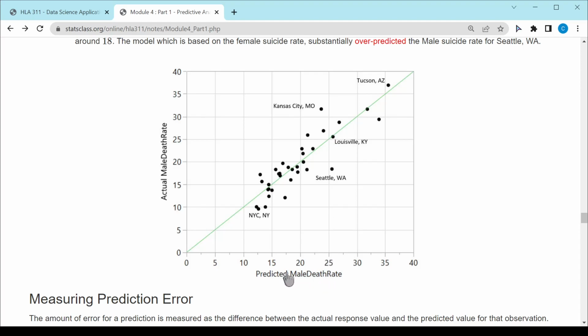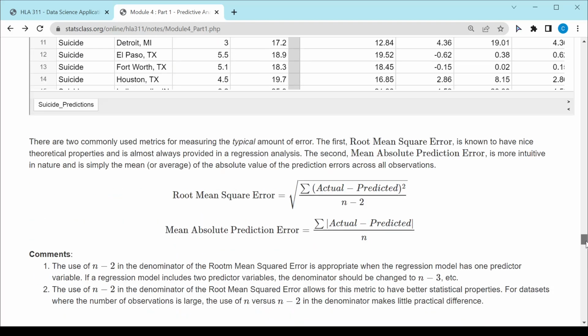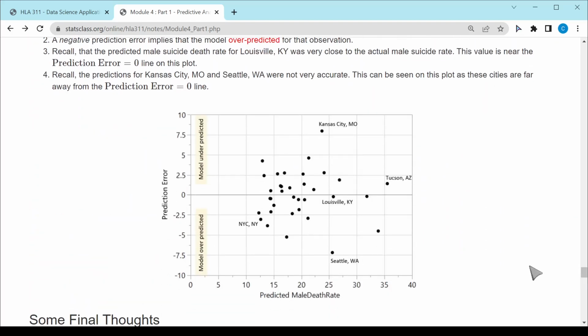The predicted value and the actual are very close for Louisville, Kentucky. So the prediction error for Louisville, Kentucky is going to be very, very small, and that's what we're seeing here. Whereas Kansas City, Missouri, the prediction error is quite large. We tended to grossly or substantially underpredict the suicide death rates for males for Kansas City.